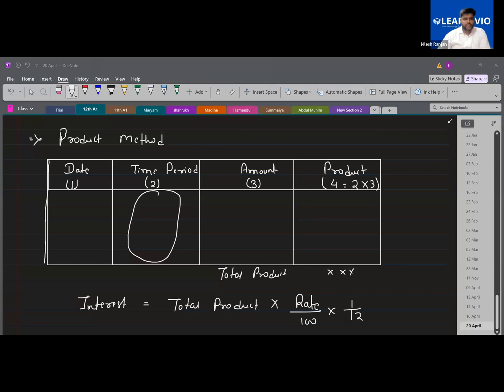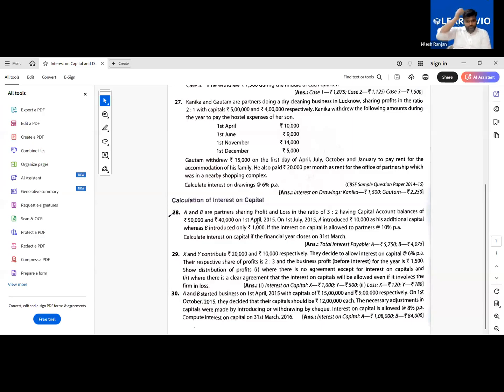Okay, so this is the question. Yes. So question number 30. A and B started business on 1st April 2015 with capital of 15 lakh and 9 lakh respectively.